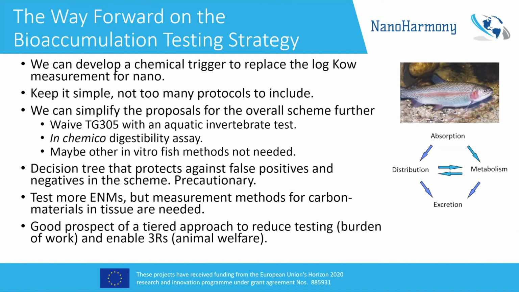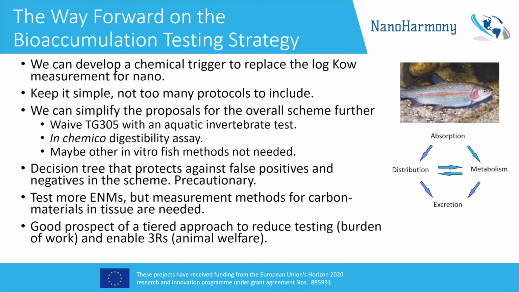We also think we can simplify our proposals for the overall scheme by having an invertebrate tester waive TG305. We can certainly make use of in-chemical digestibility, and maybe other in vitro tests are not needed. But we're also wary of the precautionary principle and avoiding things like false negatives, so that we can be safe in the scheme that we're using.